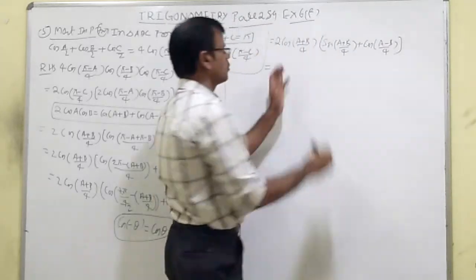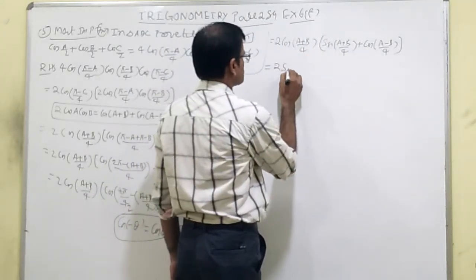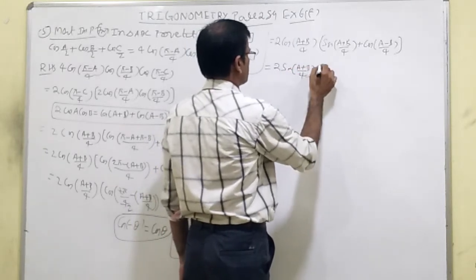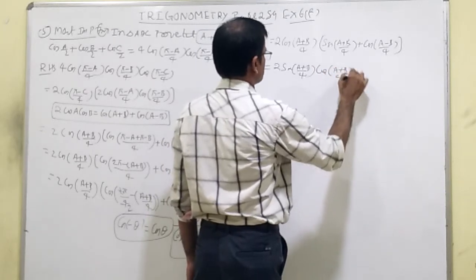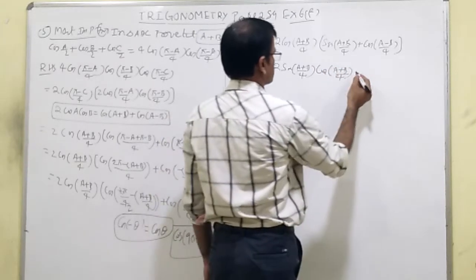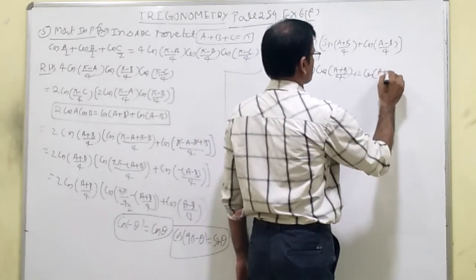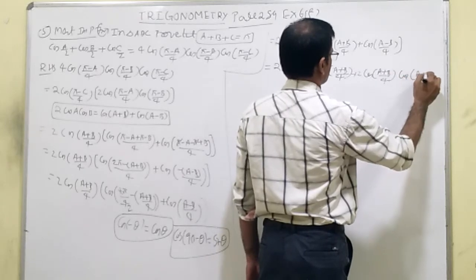That is equal to, now multiply with 2. So 2 sin of A plus B by 4 into cos of A plus B by 4, plus, multiply here, this is becoming 2 cos of A plus B by 4 into cos of A minus B by 4.